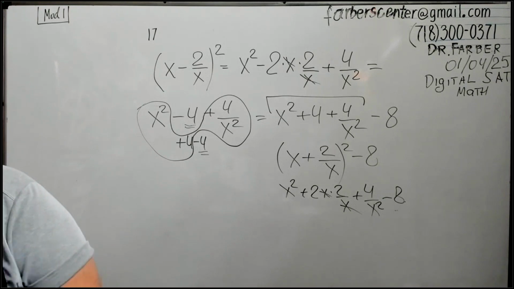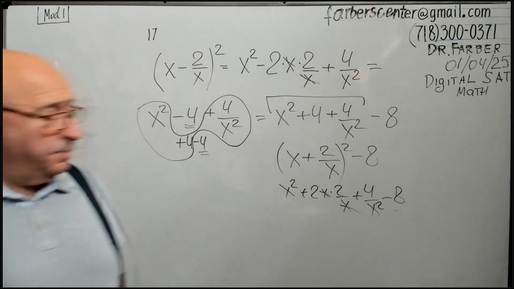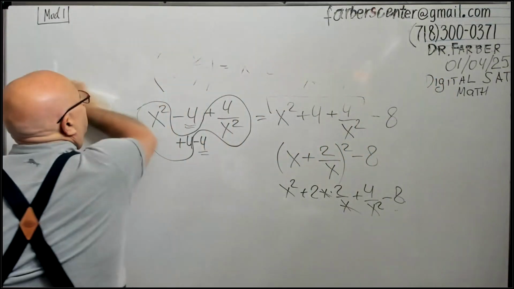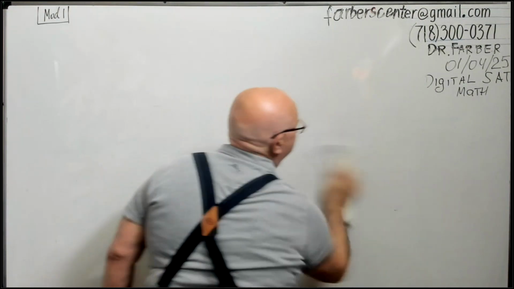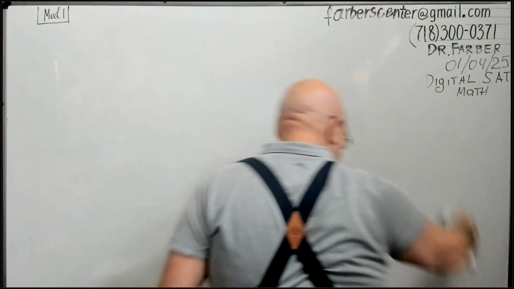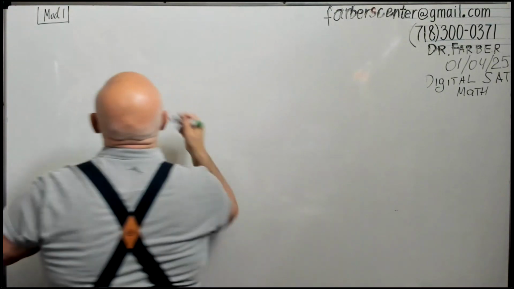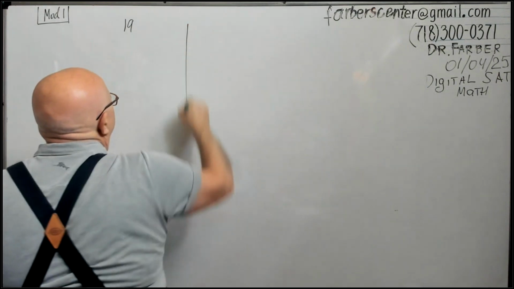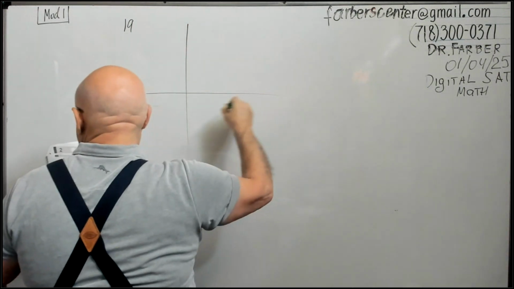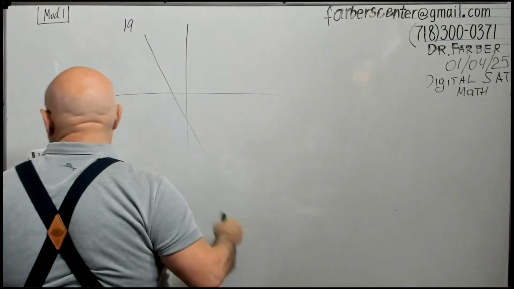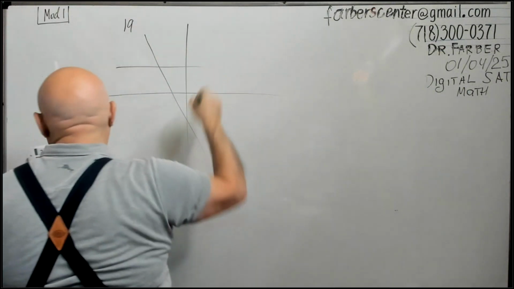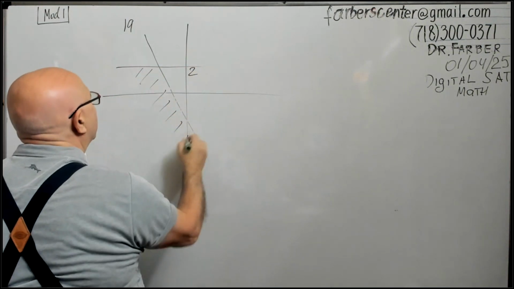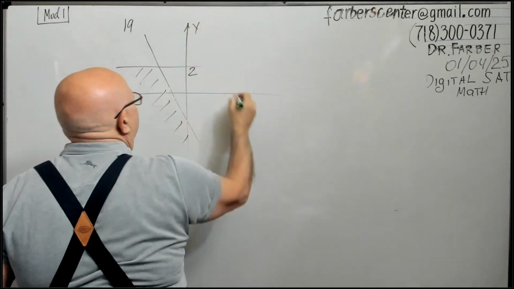Next, a few students asked about number 19. What is 19? I refer to this picture we have. This is 2, and this is shaded, and these are Cartesian coordinates.